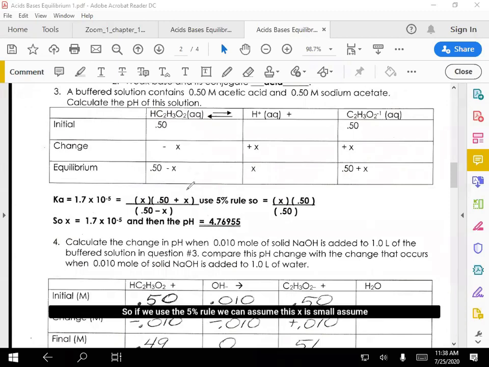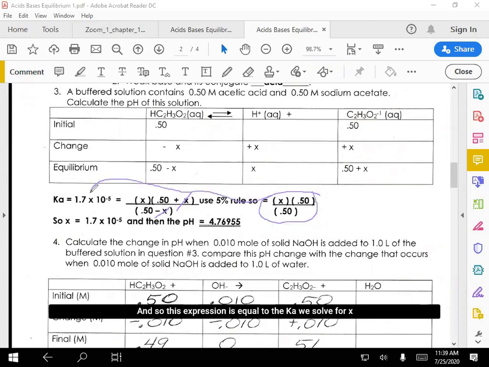So if we use the 5% rule, we can assume this x is small, assume this x is small, and then we would simplify the equation. And so this expression is equal to the Ka. We solve for x.